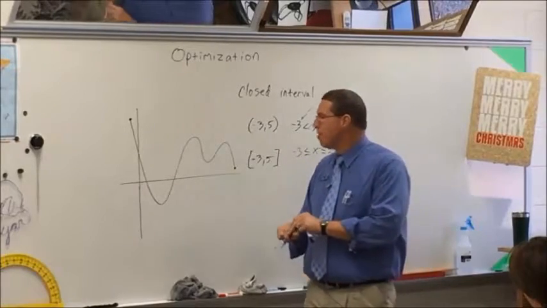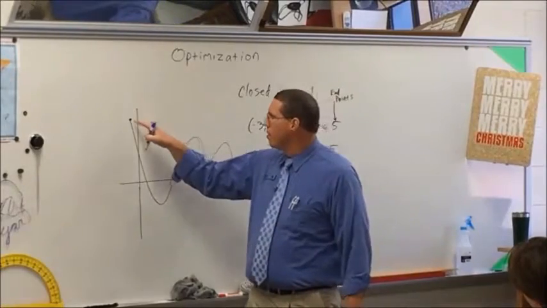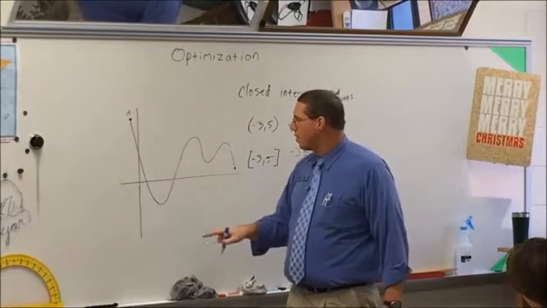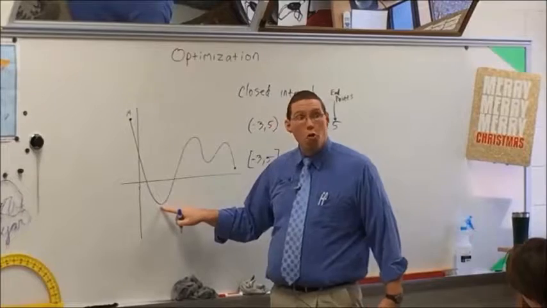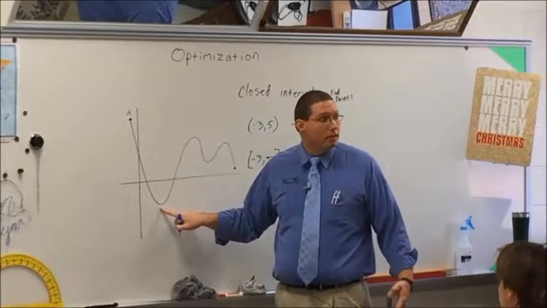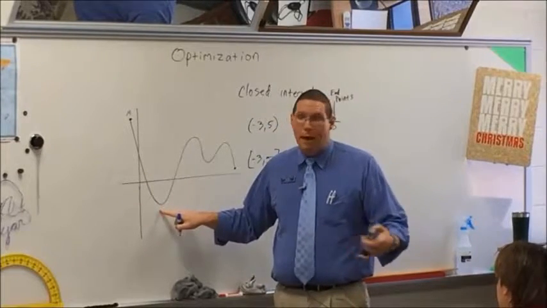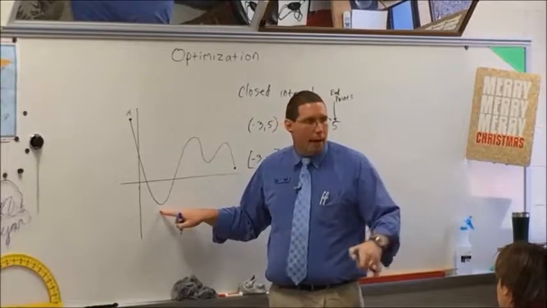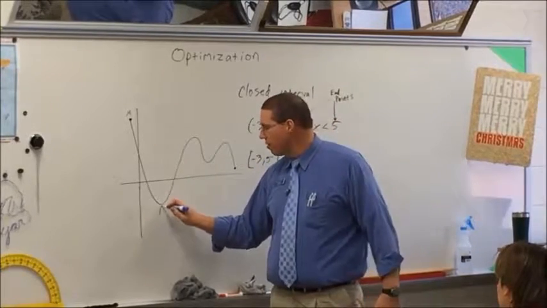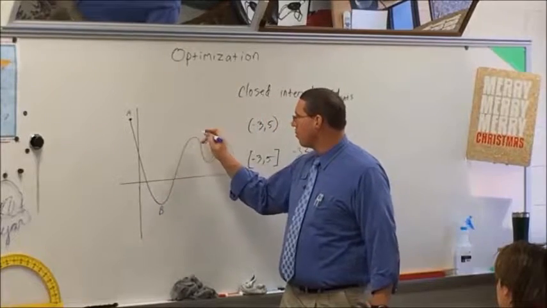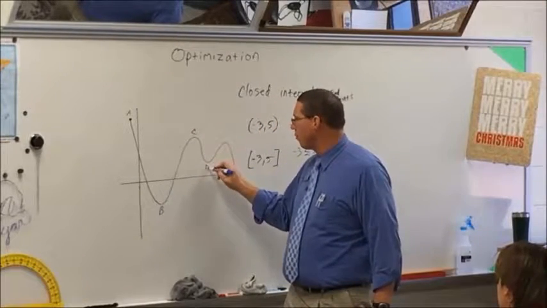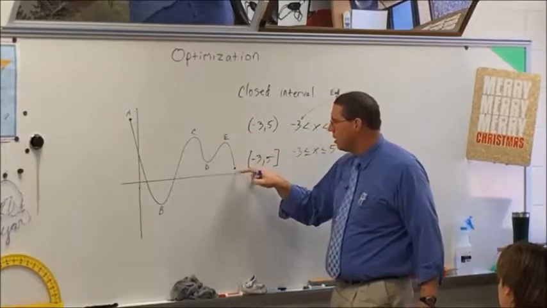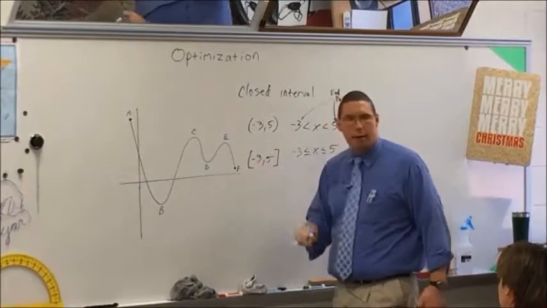The first possibility is this endpoint, A. The second possibility is this low point, which we understand as a relative minimum. All relative maximums and minimums are possible absolute maximums and minimums. So we're going to say that this is the second possibility. Here's our third possibility. Here's our fourth possibility. Here's our fifth possibility. And our fifth possibility is the endpoint on the other side.